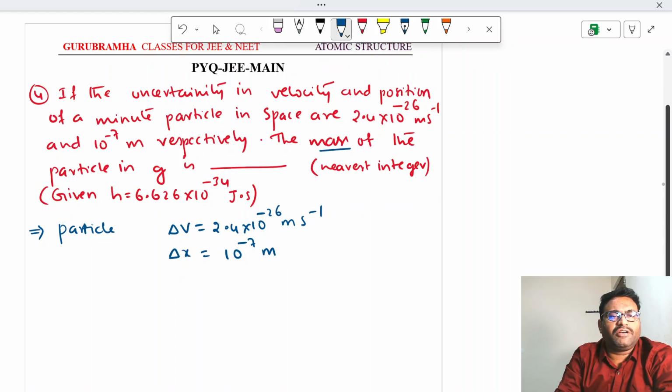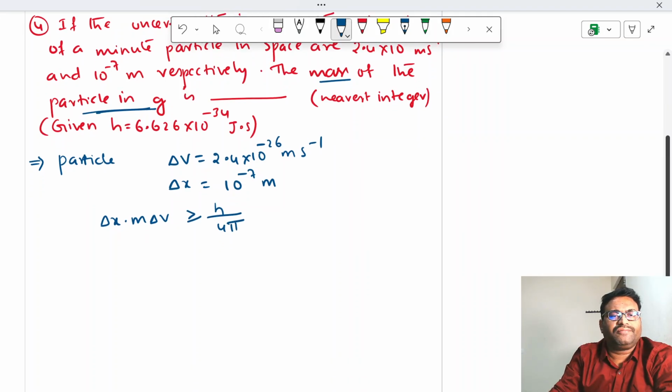Then the mass of that particle in grams is, you know that delta x into m into delta v is greater than or equal to h by 4 pi, right?